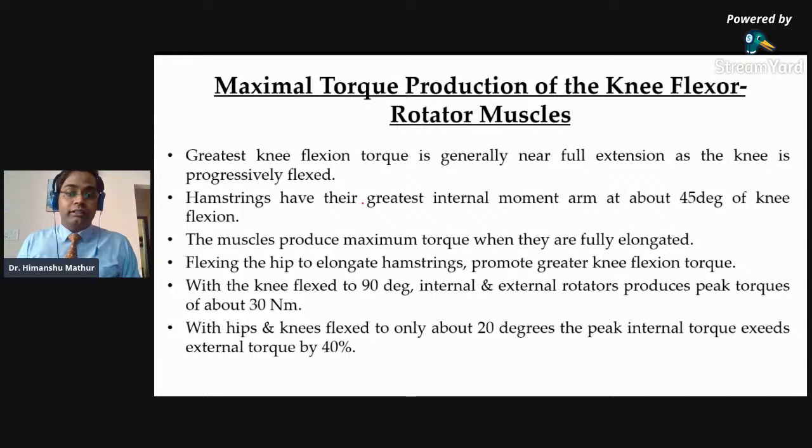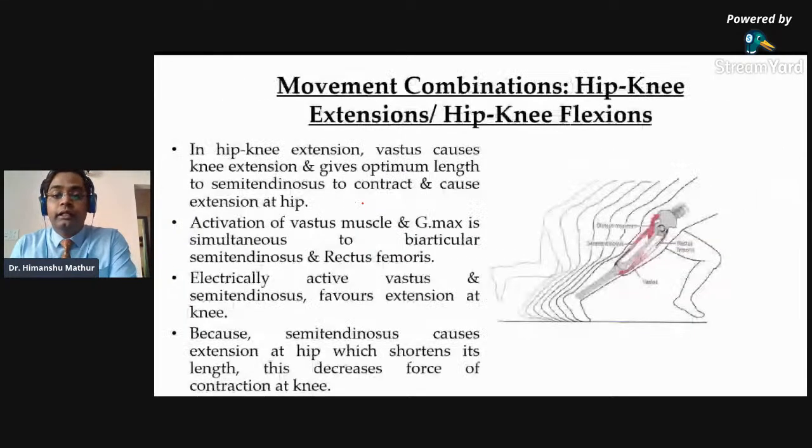Now the external torque doesn't need that much weight applied at the proximal end of the ankle. The weight of the lower leg can also prove to be this external force or external torque.